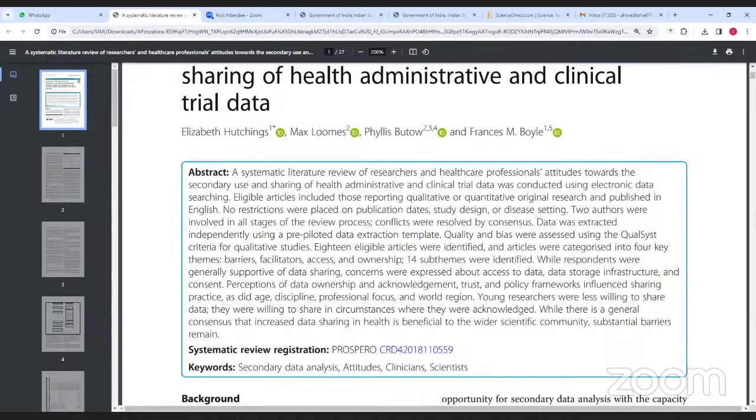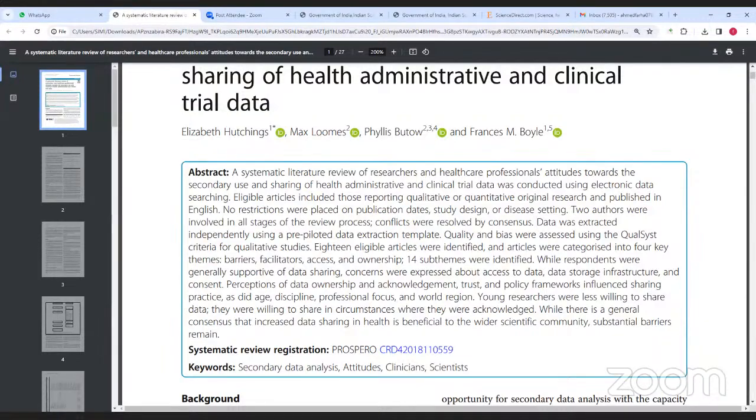It is not a single author, two authors are involved here. So whenever you do a systematic literature review, it is better to work jointly with another author, so that you can control the biasness.